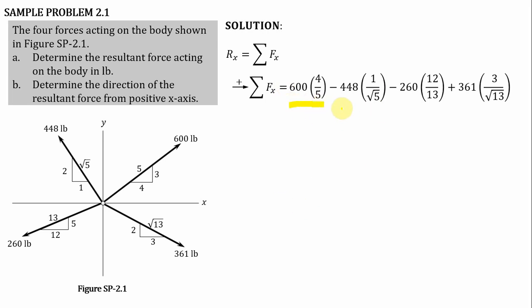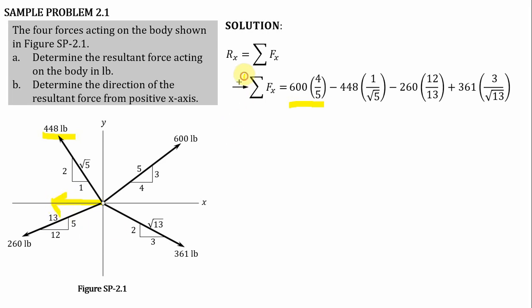Okay, how about yung component ng 448 pound? Ito yun. And then, yung direction ng 448 pounds is going left, up to the left. It is going upward and going to the left. Therefore, if we draw the horizontal component of a 448 pound, that is going to the left.